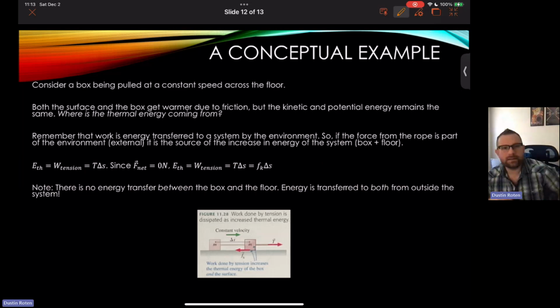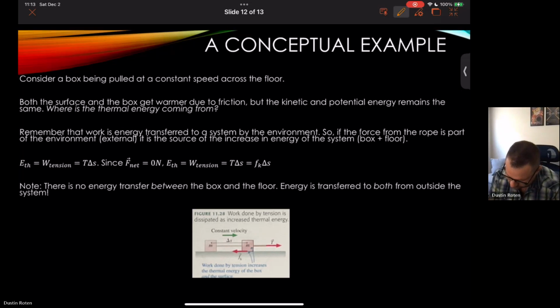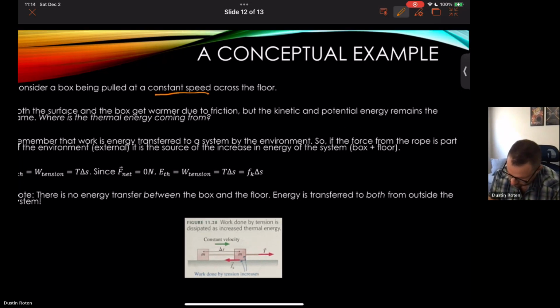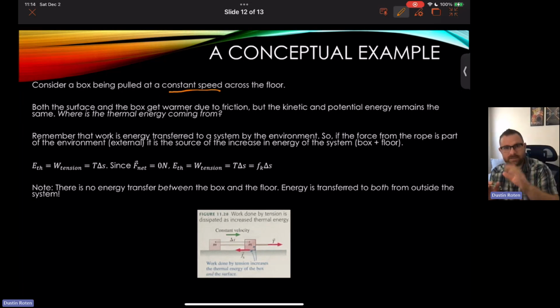Okay, let's look at this conceptual example really quick. So consider a box being pulled at a constant speed across the floor. Okay, so we're not accelerating or anything, just a constant speed. Both the surface and the box get warmer due to friction.